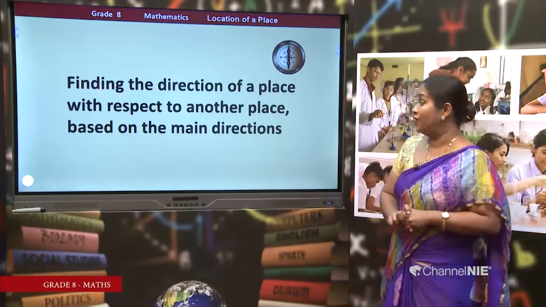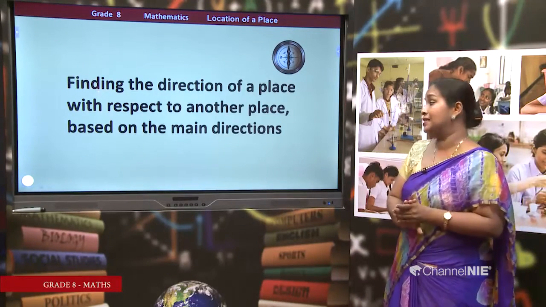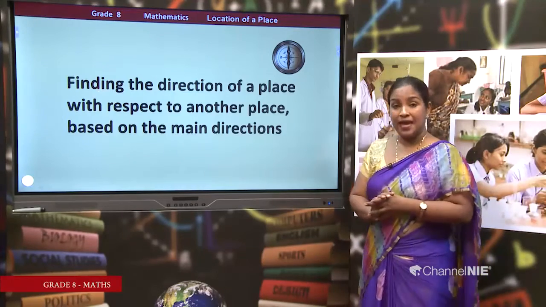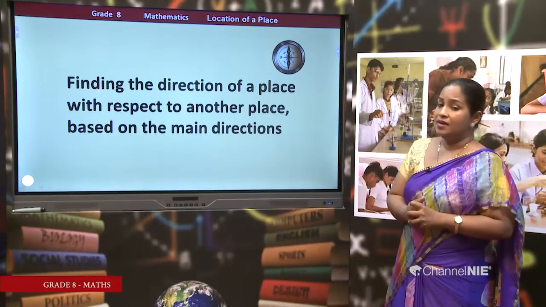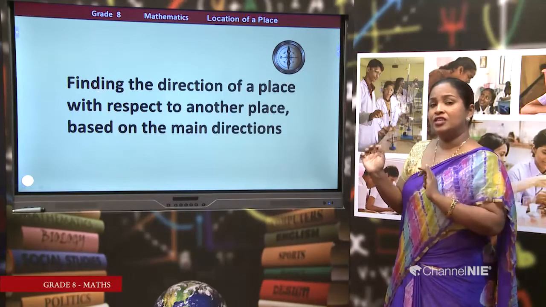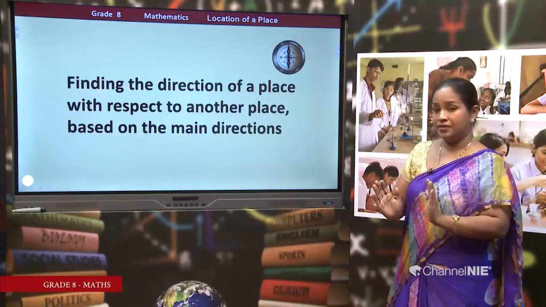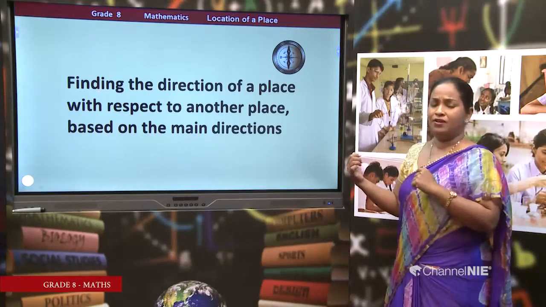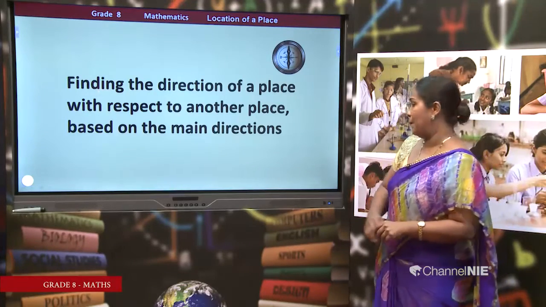We are going to find the direction of a place with respect to another place based on main direction. Earlier we discussed locations exactly in a main direction or a subdirection. Here it is somewhat different. So, we will see what we have to discuss here.